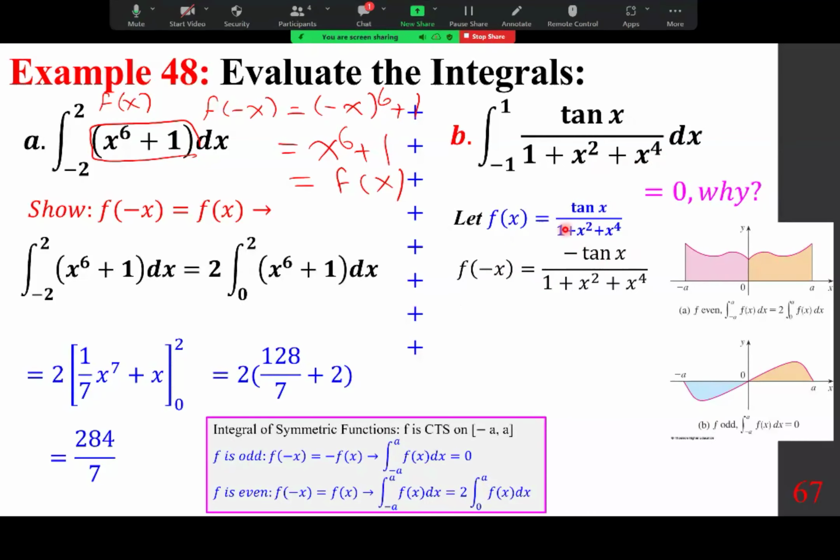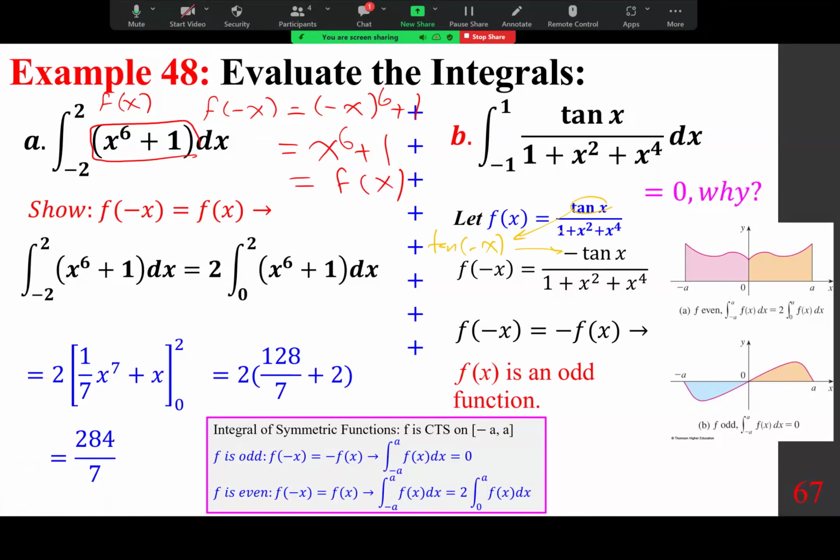So the numerator becomes tan of minus x, which is minus tan x. So that means f of minus x is minus f of x. We proved f of x is an odd function, and therefore this answer is 0.